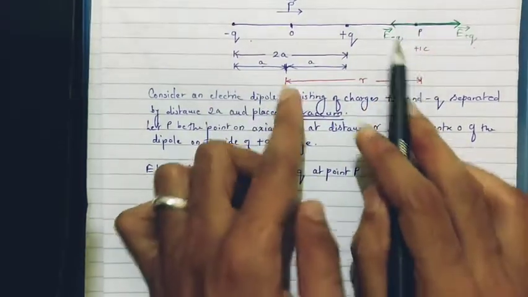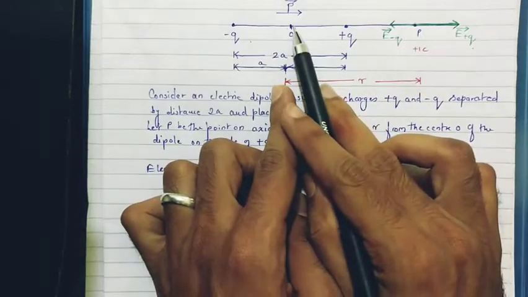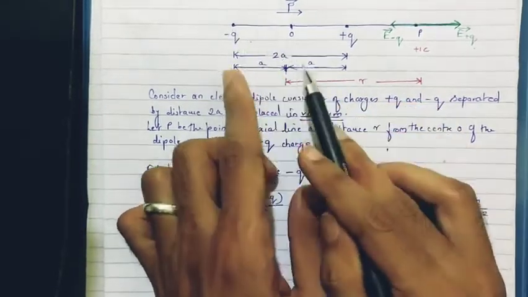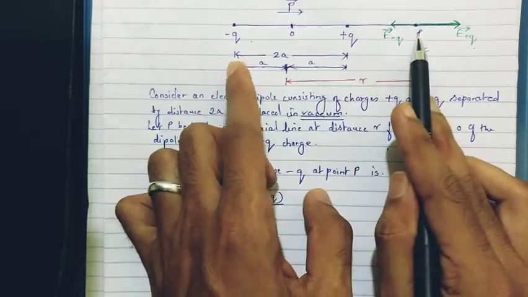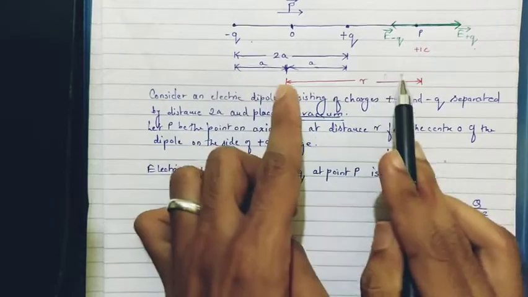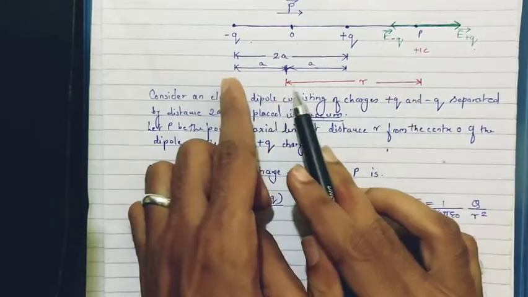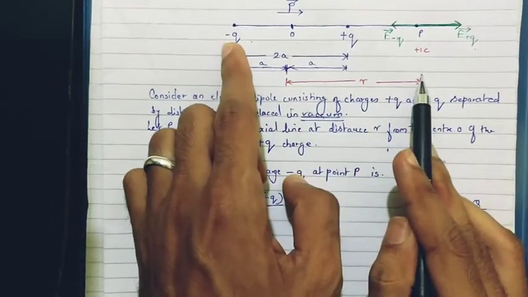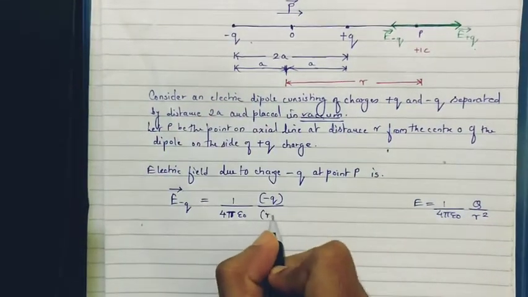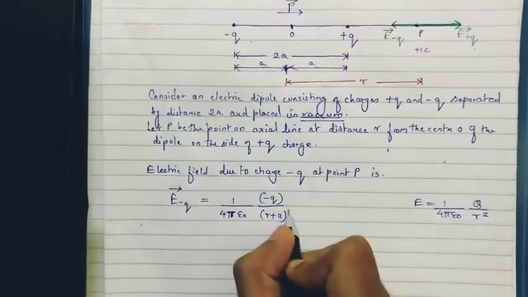From P to O, the center of the dipole, it is r. And from O to minus q, it is a. So the total distance from minus q to P is a plus r. So let's put it over here: r plus a, the whole square.